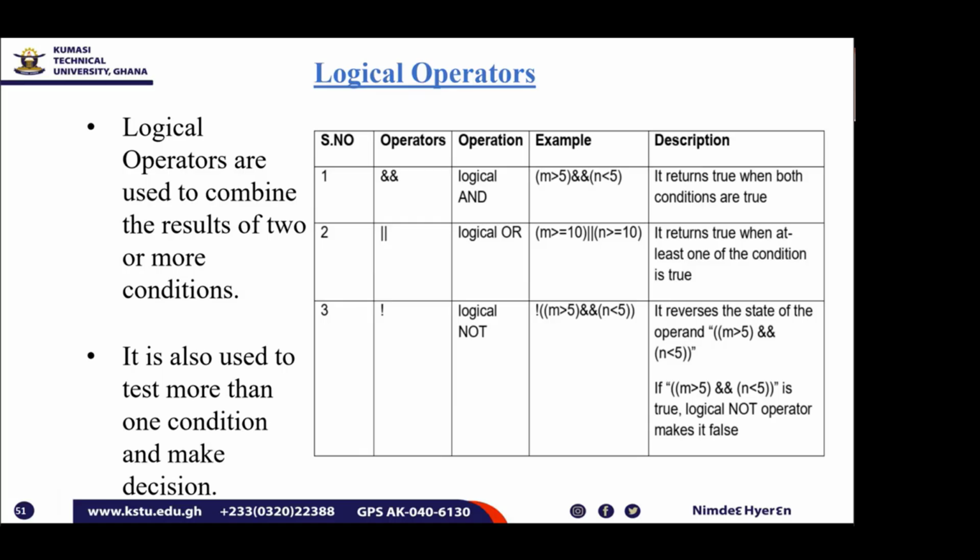So if m is greater than 5 and n is less than 5 is true, because of the use of the logical NOT operator, this ends up making it false because it returns the opposite of the true state.